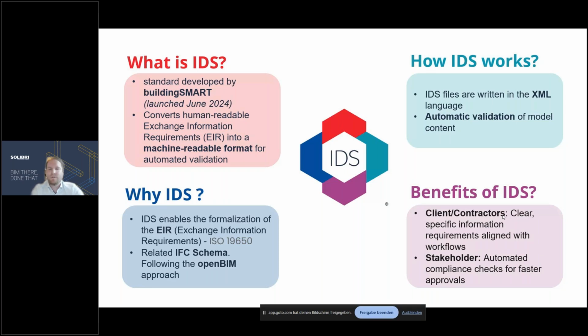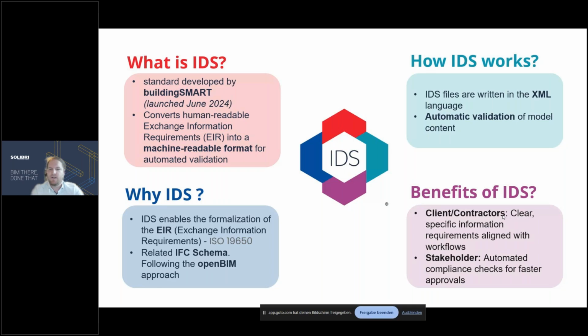So that is why you can use the XML file to do an automatic validation of your model content. So we have created this IDS rule where you are able to import the IDS file and then do the checking. So who benefits from IDS?